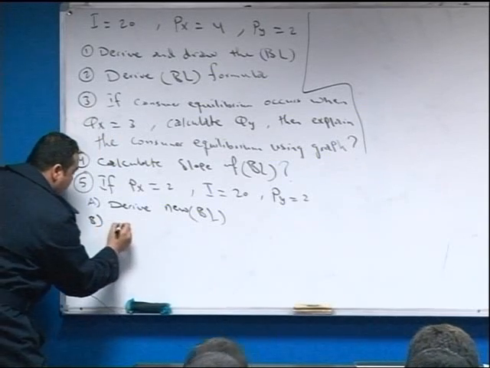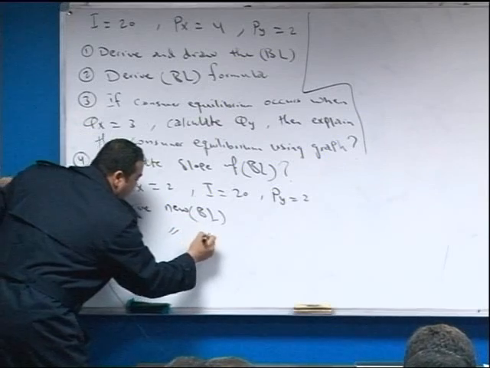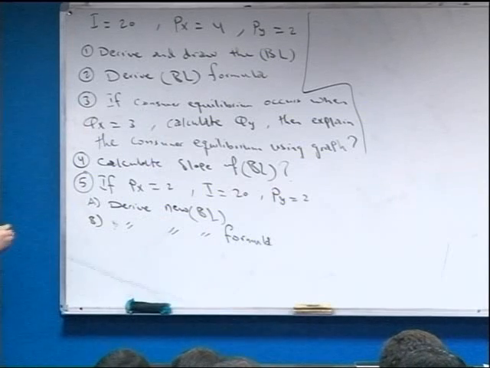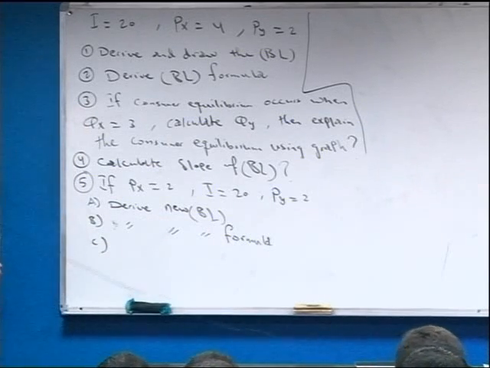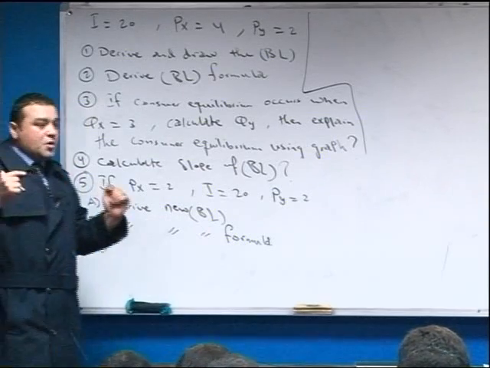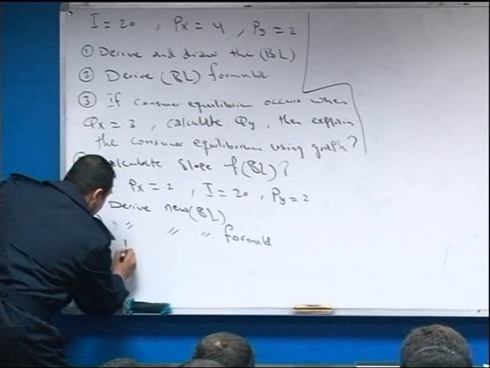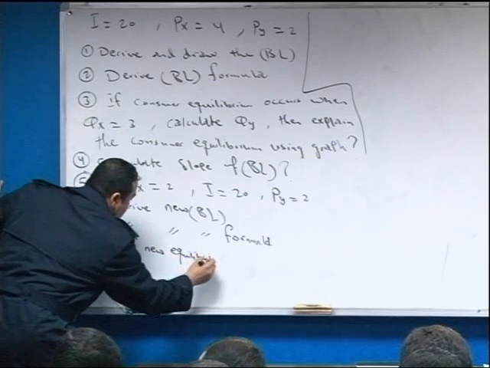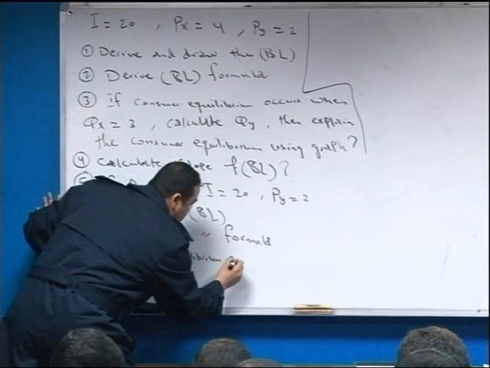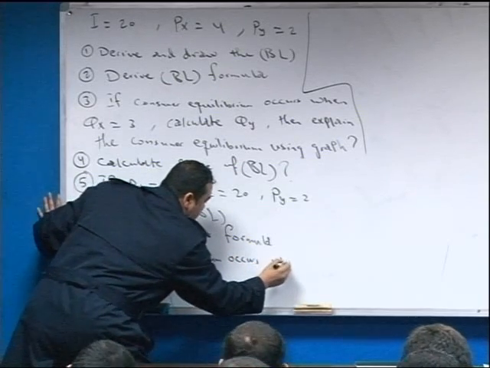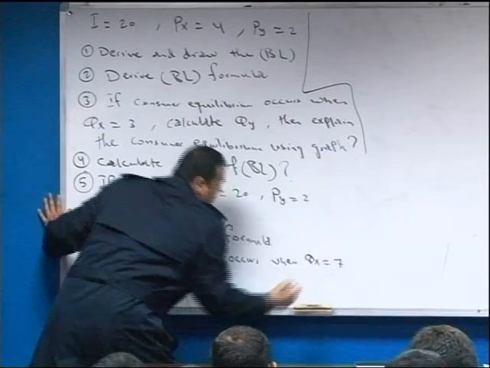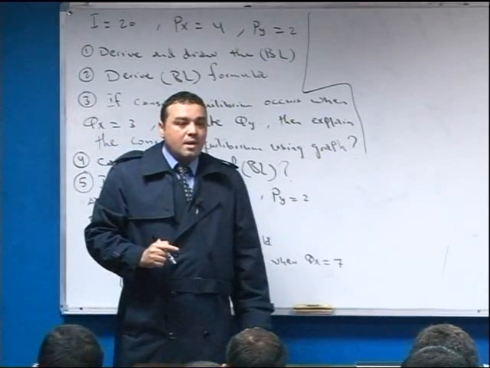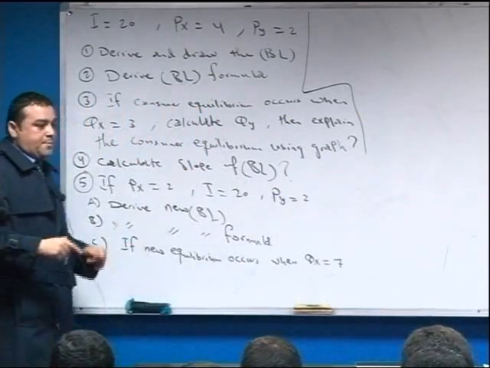B, derive the new budget line formula. C, if the new equilibrium is achieved or occurs when Qx equals 7, calculate the new Qy and explain the new equilibrium.